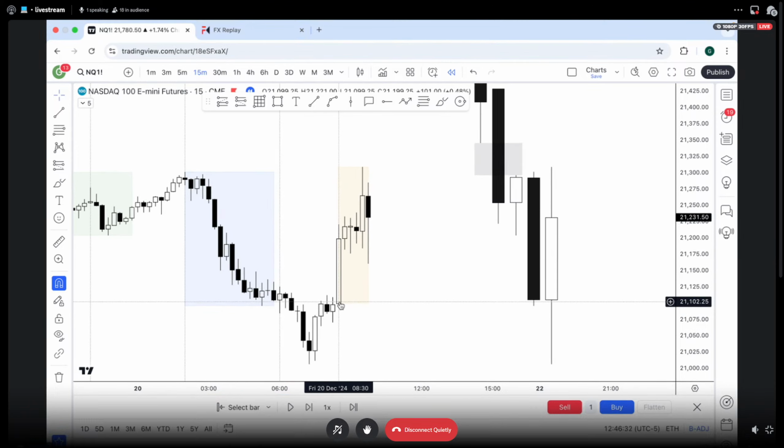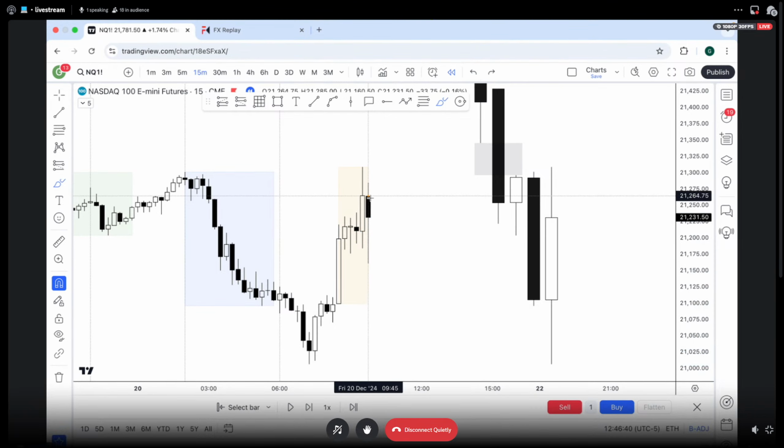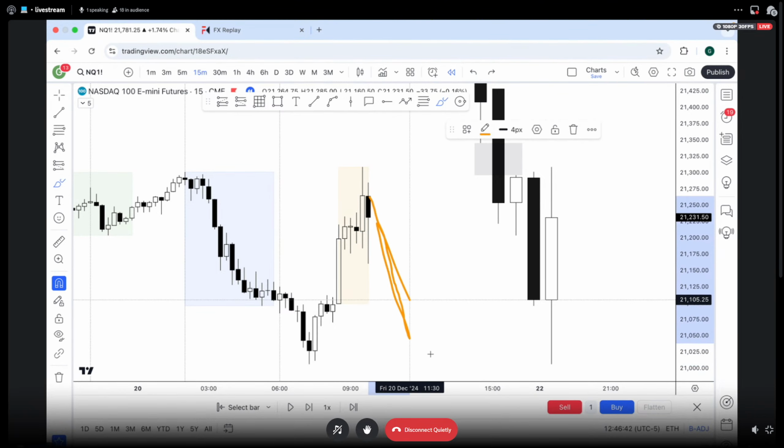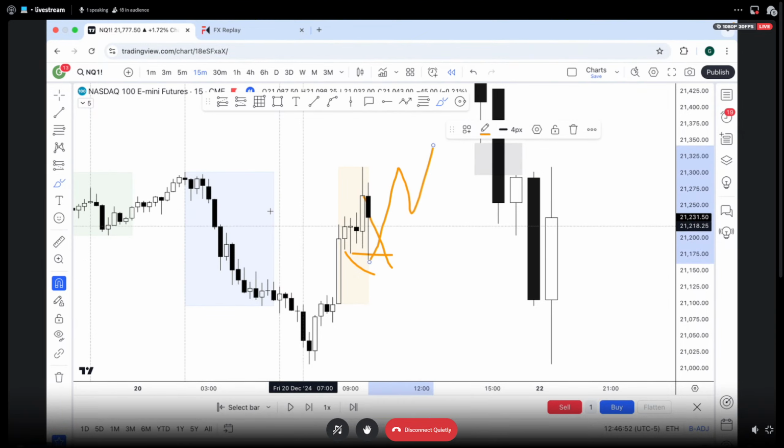So if this is going to be manipulation to go lower, then 9:30 should have come lower, right? But when we see 9:30 make an opposing run, take out a low, create SMT, and then continue off that, that is a bullish signature. So then we can trust this expansion.